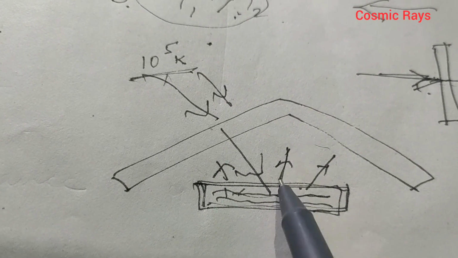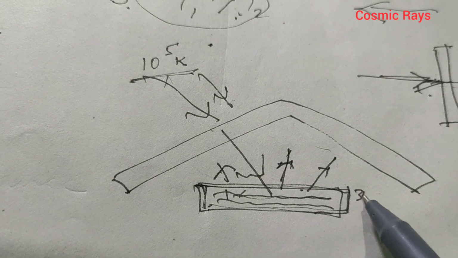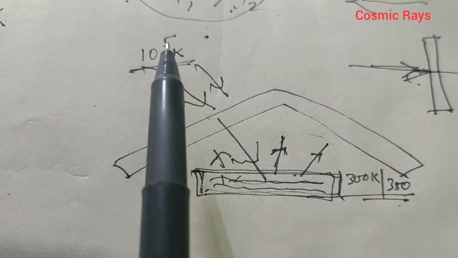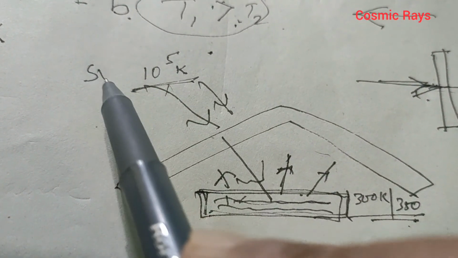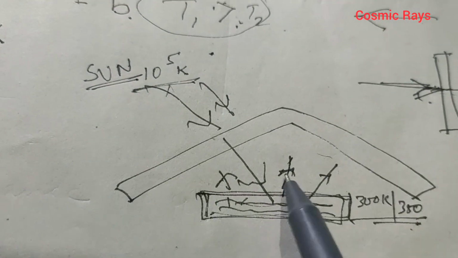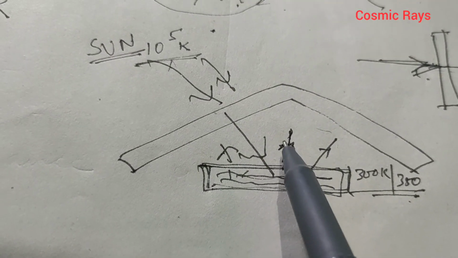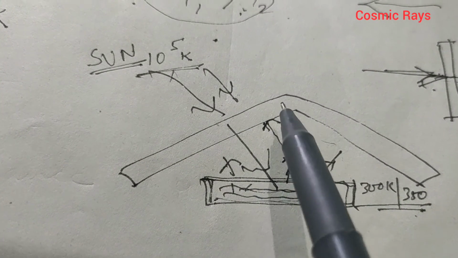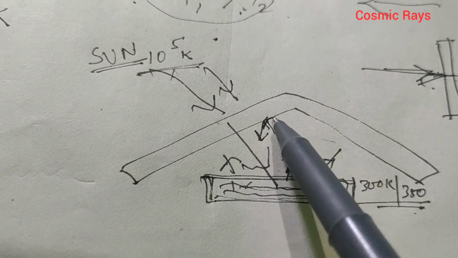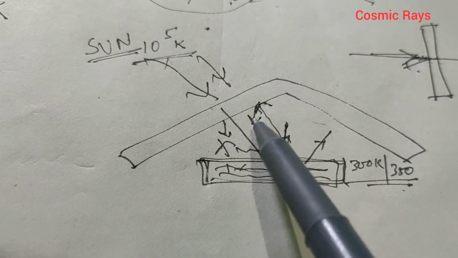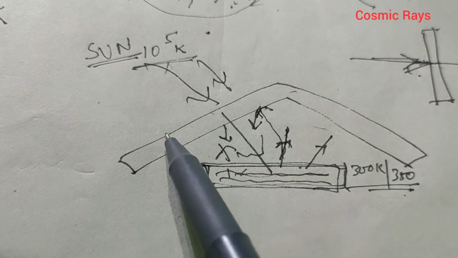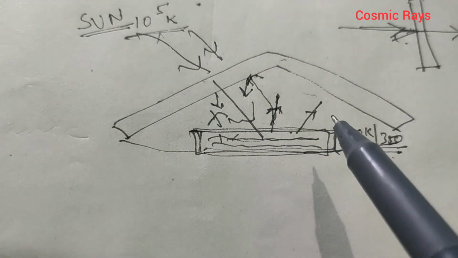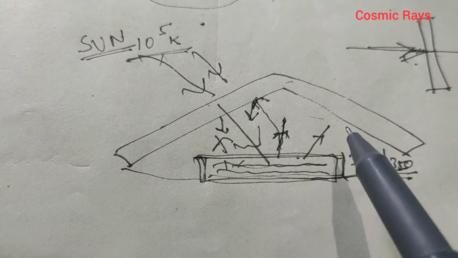Now this energy is of the order of, let's say, 300 Kelvin or 350 Kelvin, which is very less compared to the energy coming from the sun. So these radiations are not able to go out through the glass. Instead, they are reflected back and trapped inside. So overall the heat of this system rises up.